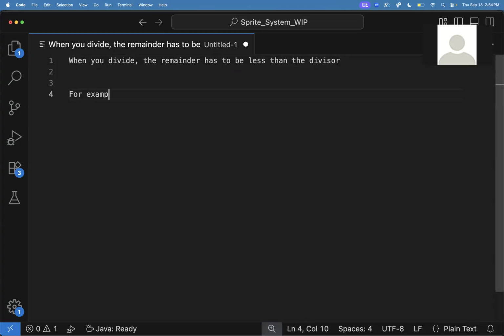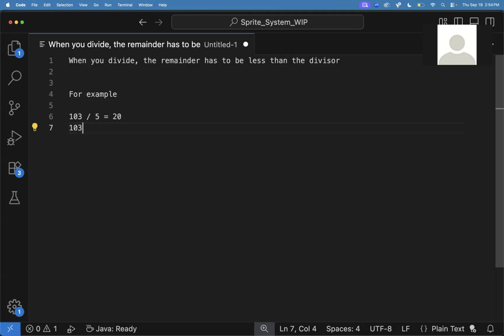For example, let's say 113 divided by 5, right? Actually, that's a bad number. I'll do 103 because I can do it in my head. How many times does 5 go into 103? It goes in 20 times, right?